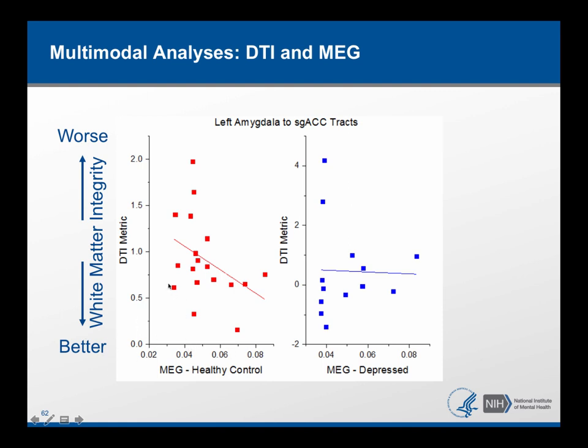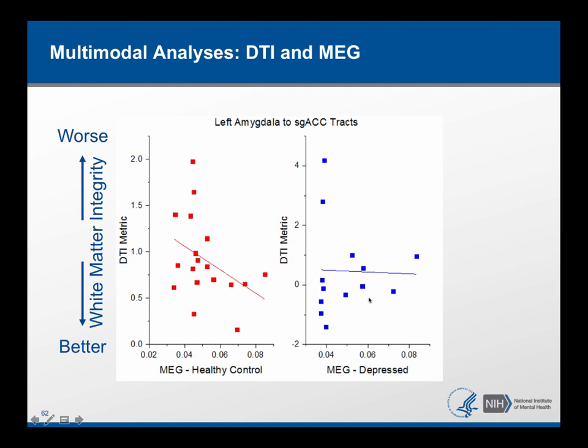What we see in the healthy controls is that there's a nice correlation between white matter integrity and gamma power in the left amygdala to subgenual anterior cingulate tracts. For the gamma power here, we've just taken the gamma power in the amygdala and in the anterior cingulate cortex and averaged those together.